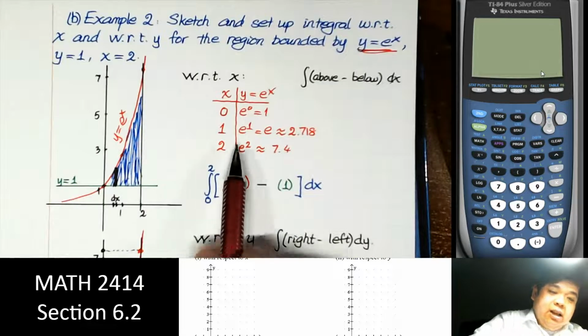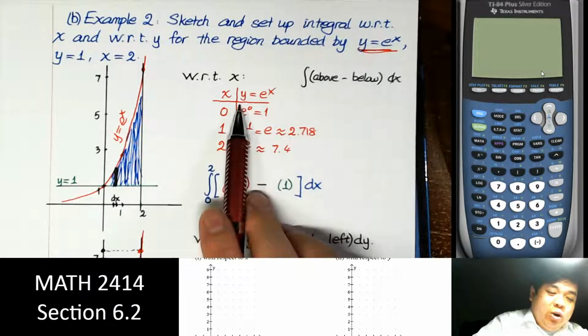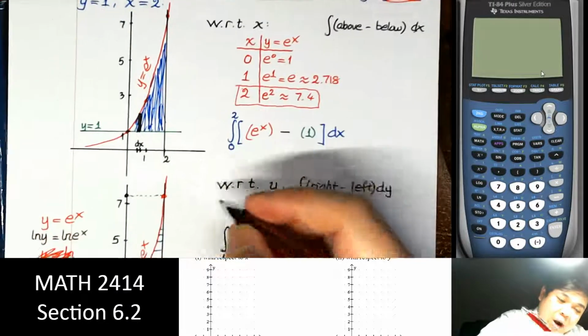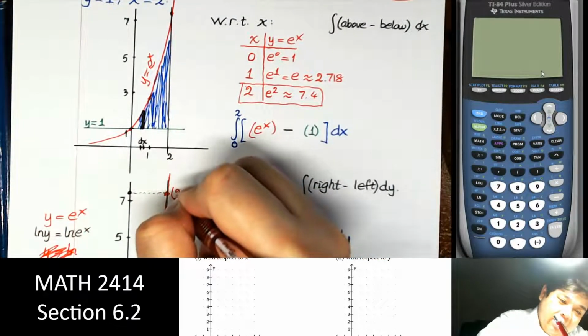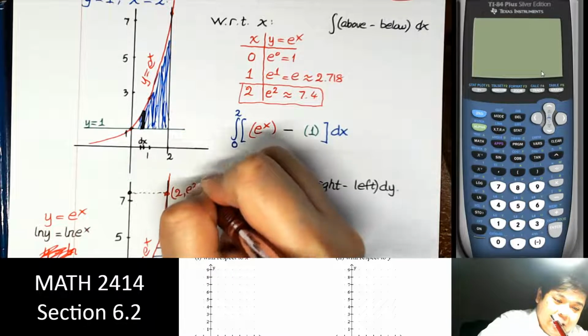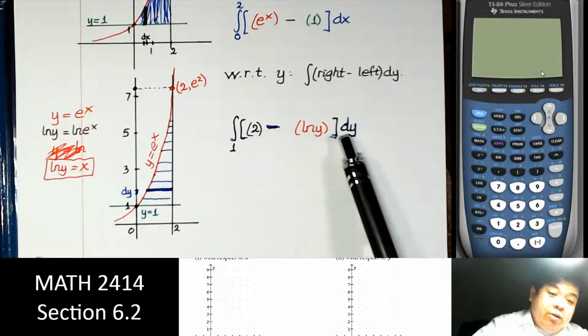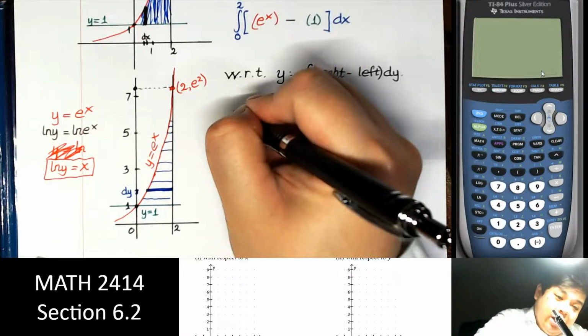Since we have the function y equal to e to the x, when x equal to 2, y equal to e squared. So we have the point here, 2 and e squared. So the limit for y is going to be from 1 to e squared.